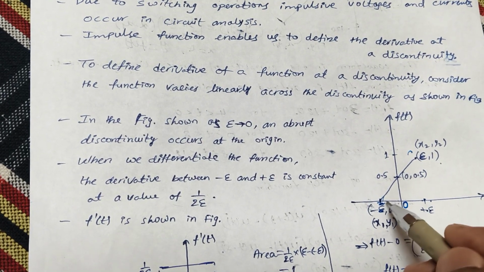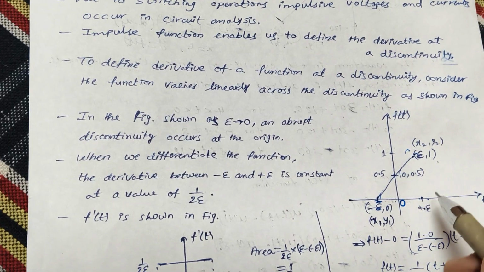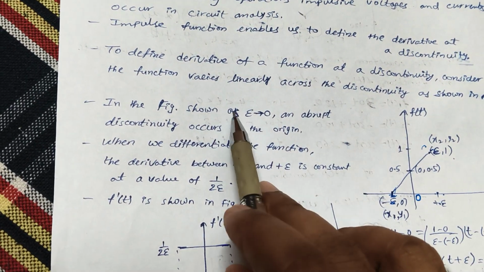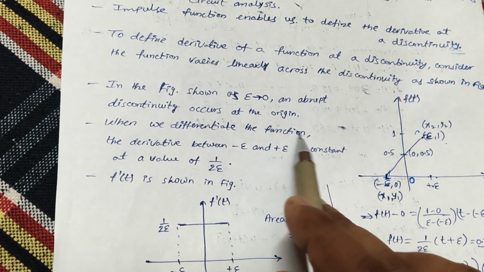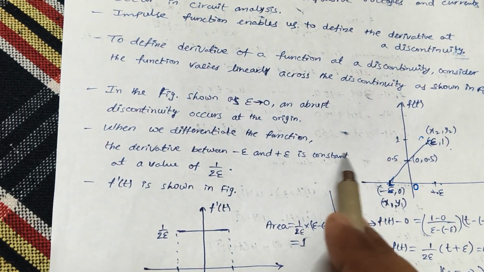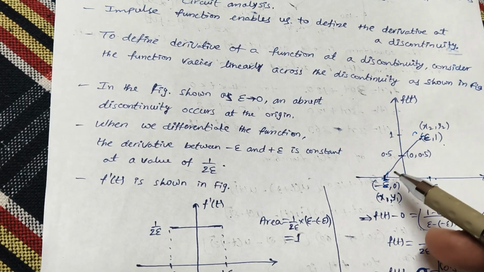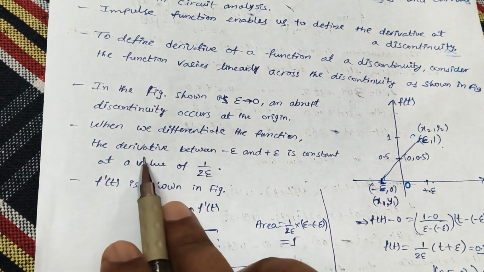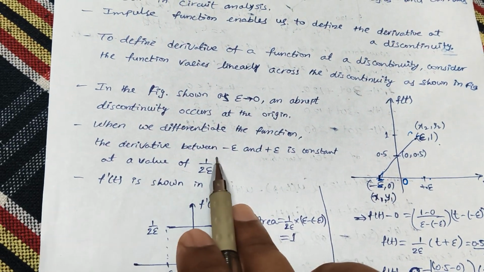So it is varying linearly from minus epsilon to plus epsilon. That is my assumption. When we differentiate the function, the derivative between minus epsilon and plus epsilon is constant, because differentiating a linear function gives a constant. The derivative between minus epsilon and plus epsilon is constant at a value of 1 by 2 epsilon.